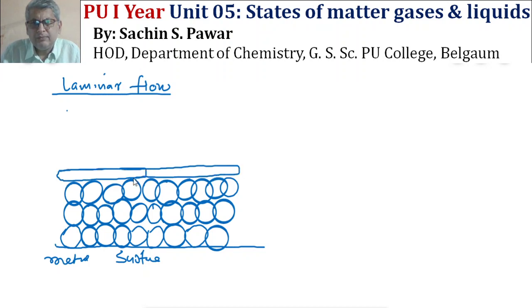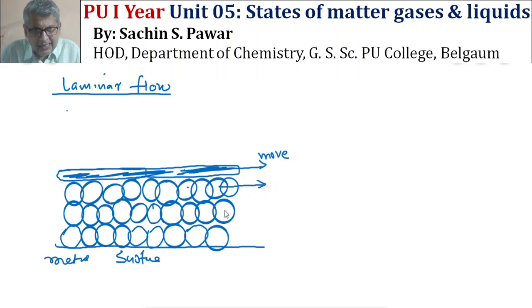Now this wooden plate, when it is allowed to move in one direction, say it is moving in this direction, you can observe this. When this wooden sheet is moving in one direction, whatever liquid particles are there below it will also move.